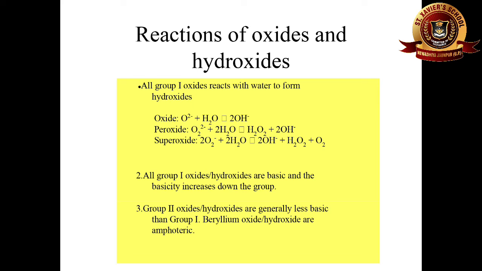Group second oxides and hydroxides are generally less basic due to the smaller size, which produces less tendency to form hydroxide ion and less electron donating capacity. That's why beryllium oxide and hydroxide are amphoteric in nature.